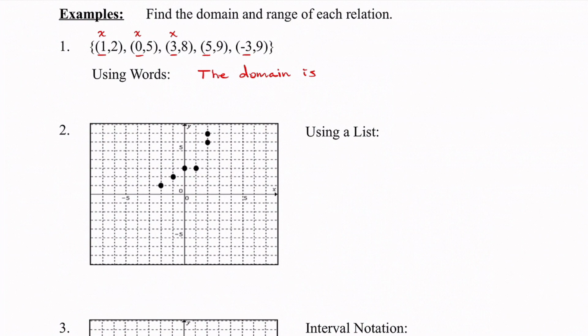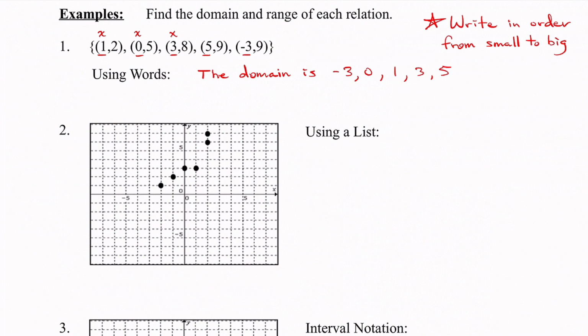So I'm just going to write that up here. Okay, so now that we know that, we're just going to write these out. So the smallest number there was a -3, so we got -3. And then next we had a 0, then we had a 1, then we had a 3, and then lastly we had a 5. So that is our domain.